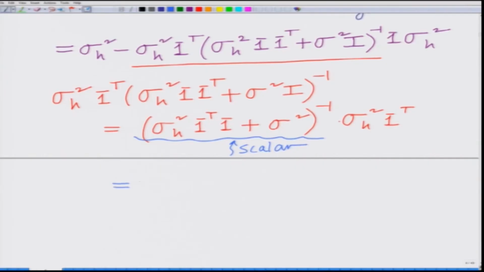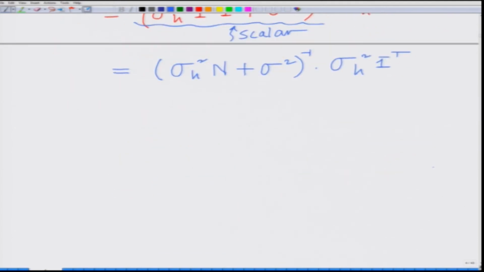So, this is going to be sigma h square n plus sigma square inverse times sigma h square into 1 bar transpose, which is sigma h square 1 bar transpose divided by sigma h square times n plus sigma square. Okay. So, this is the simplification.